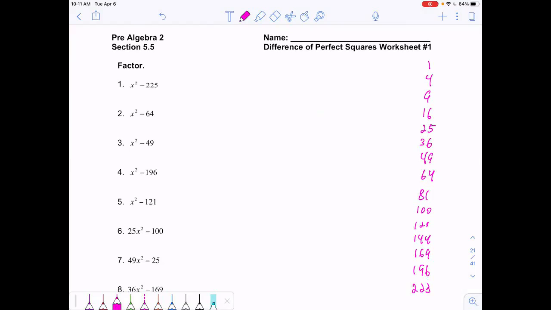And this gets you your squares from 1 to 15.